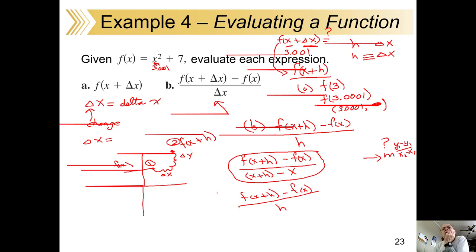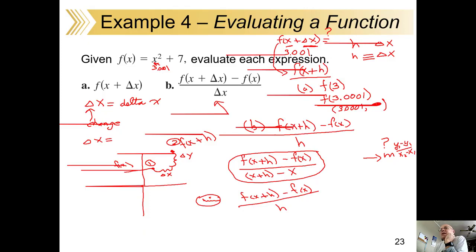Notice, be very careful. Okay, this guy's a little bit scared because you might consider doing this. You can't subtract these and get f of h, because this expression right here means you have to add the x and the h first, give it to the f function, and it's going to do its thing. Over here, this says take the x value, give it to the f function, it'll do its thing.